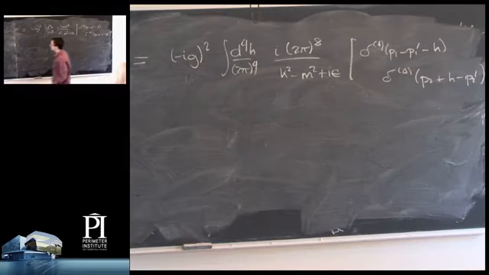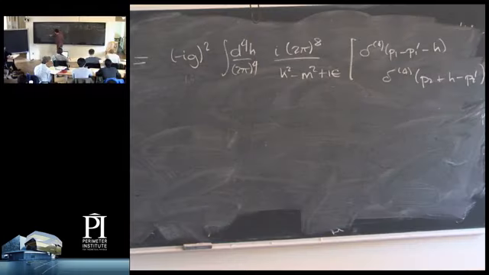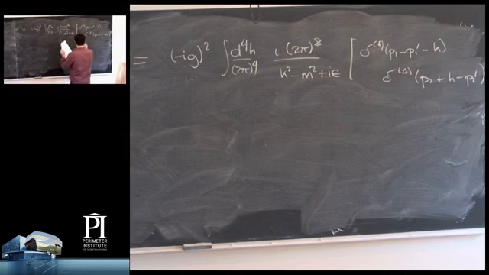So the sum of momenta going into this is 0, and the sum of momenta going into this is 0. That's these two. And then the second diagram has the internal momentum k.